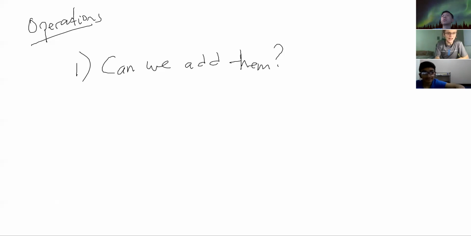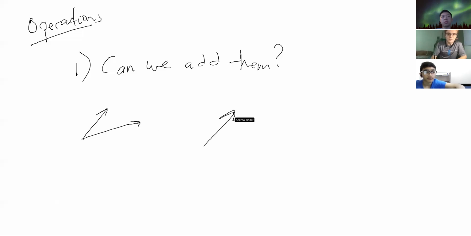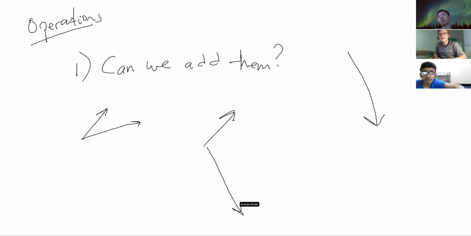For example, can I add this vector and this vector? Technically speaking, yes, I can, but it would be much easier if the vector were here. So place them both at the same point and then you can add them. That's the long answer.